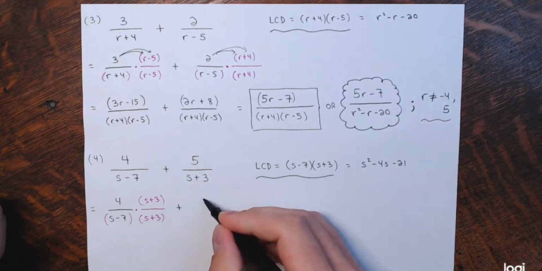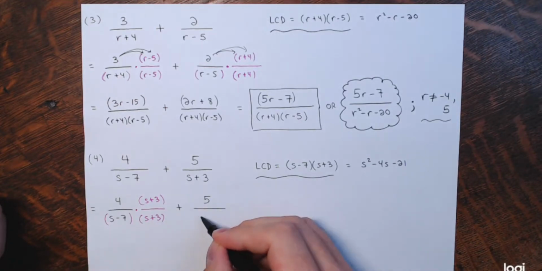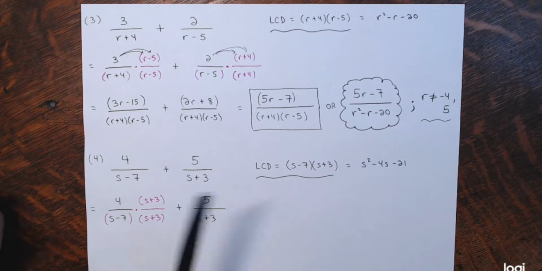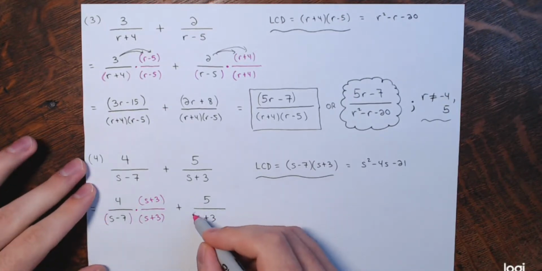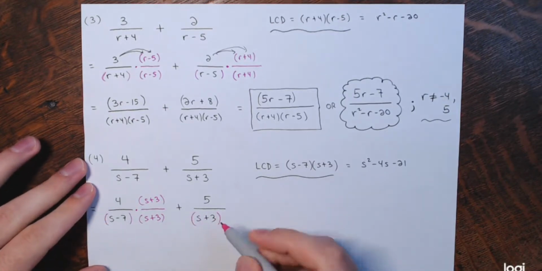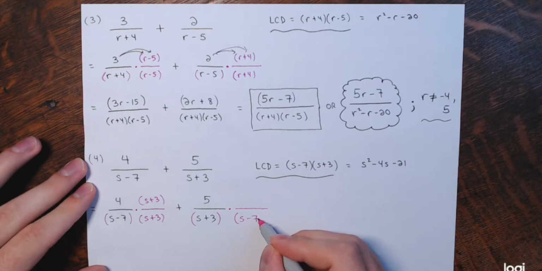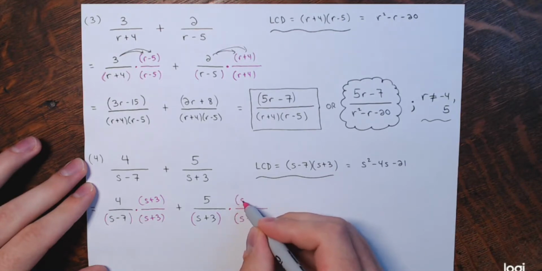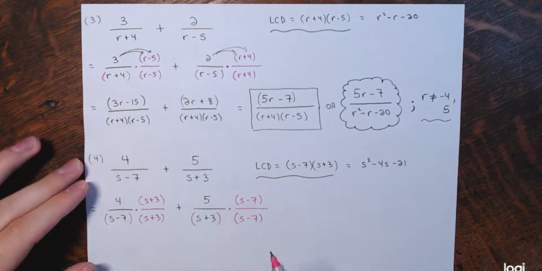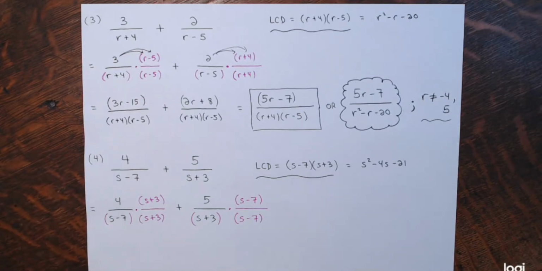And the second fraction, 5 over S plus 3, again, this is its own factor, S plus 3. So it has a factor of S plus 3. It's missing the factor of S minus 7. So I multiply the numerator and denominator of this fraction by the quantity S minus 7.